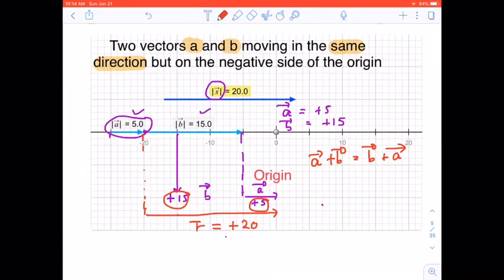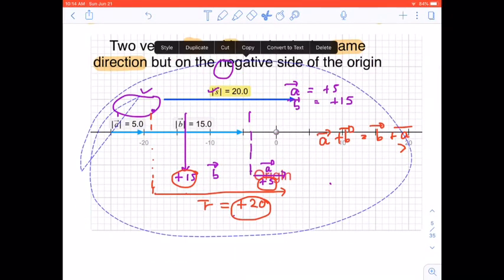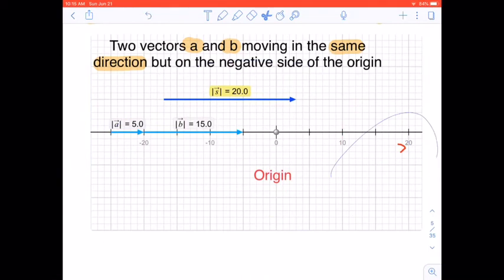Right? The rule A plus B is equal to B plus A: vector addition is commutative. And the maximum resultant is when the two are in the same direction. If we now have these vectors moving in opposite directions, let's have a look at that.